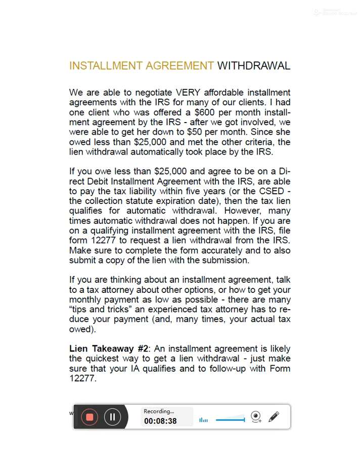So if you owe less than $25,000, you're on direct debit, and you're going to pay that tax liability within 5 years or before the statute of limitations expiration date, absolutely, that lien needs to be withdrawn. There's no point in keeping that active, so we can get that removed right away.